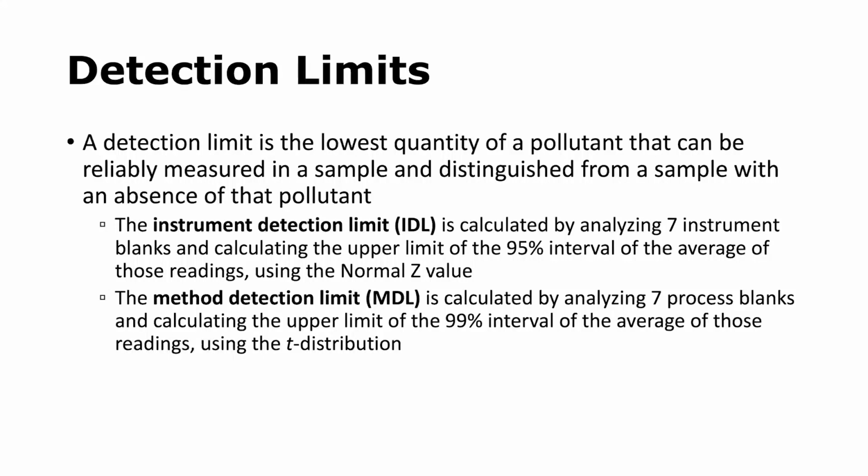You're going through this whole process before you actually put the sample into the instrument. So the way we calculate the method detection limit is by analyzing 7 process blanks and getting the upper limit of the 99% interval using a t-distribution. So 2 different methods, but 2 different limits that typically need to be reported when you are working with a laboratory.